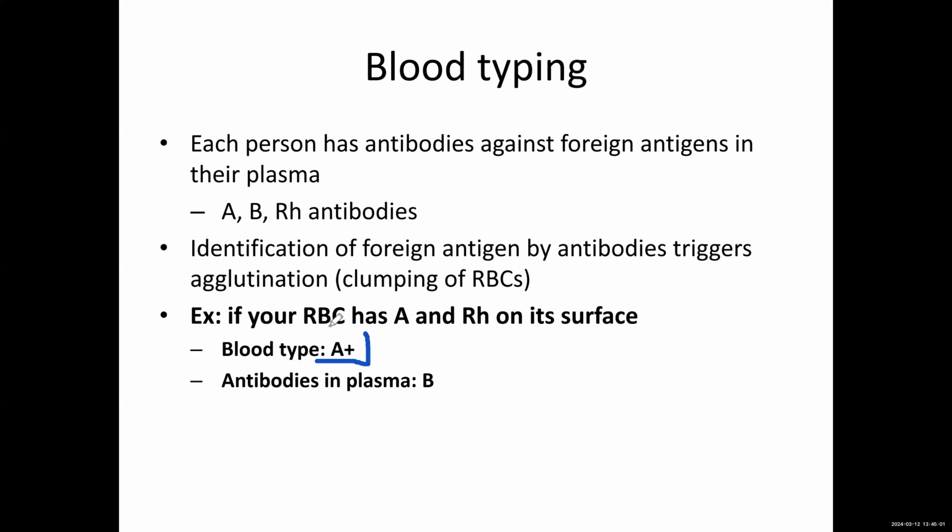So this patient's blood type is A plus, right? Then what antibodies do you make? You make B antibodies, right? Because B is not your antigen. Your antigen is A. So B is considered a foreign antigen, so you make antibodies against B.